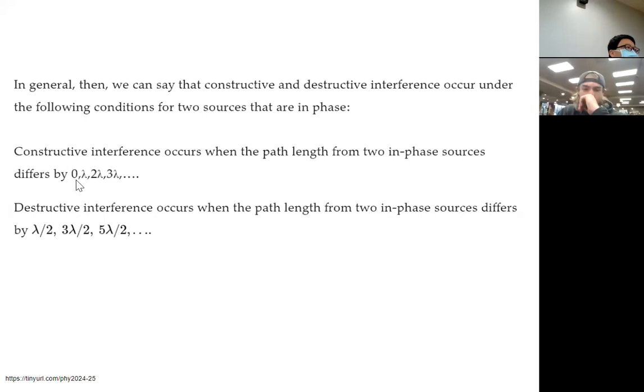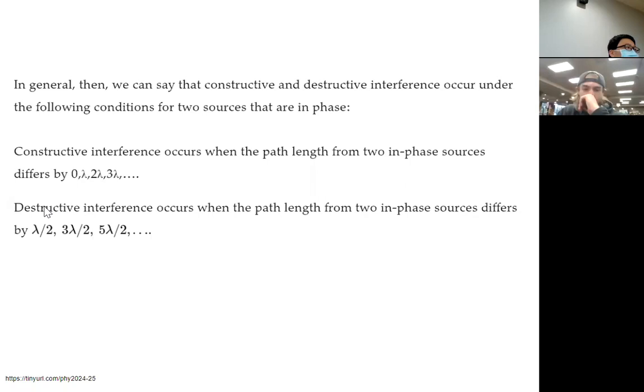Because then it doesn't matter, if you have a peak, the other wave may be traveling a longer path and have another peak meet it. As long as peak meets peak, they will add up. So the path difference will be 0, lambda, 2 lambda, or 3 lambdas. Oh, I'm sorry, just integer numbers of lambdas, because 1 lambda is just 1 period already. So just integer numbers of lambdas, and then they will add up.